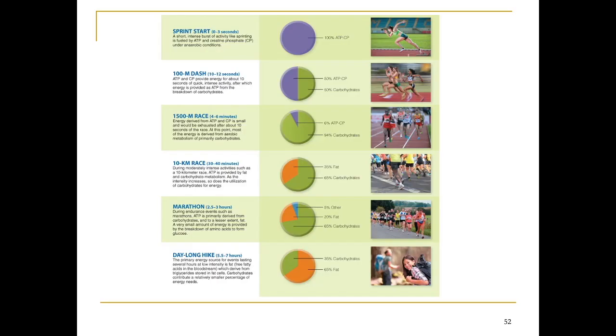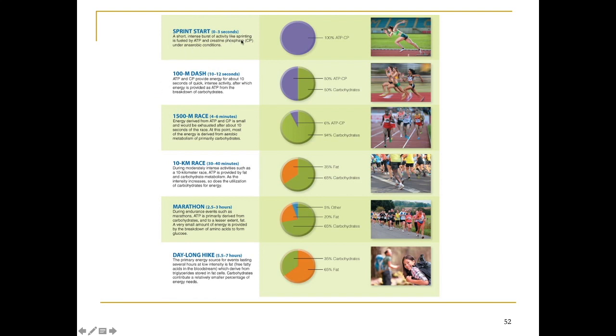And here is a somewhat busy figure. It might be easier to view from your computer screens or if you download the lecture. But this just shows the energy usage based on the types of energy source that you have in your body.